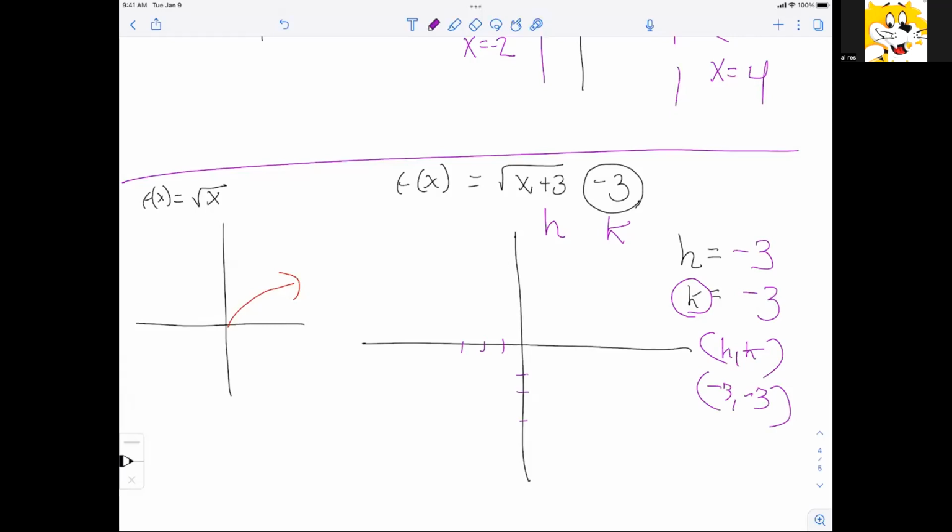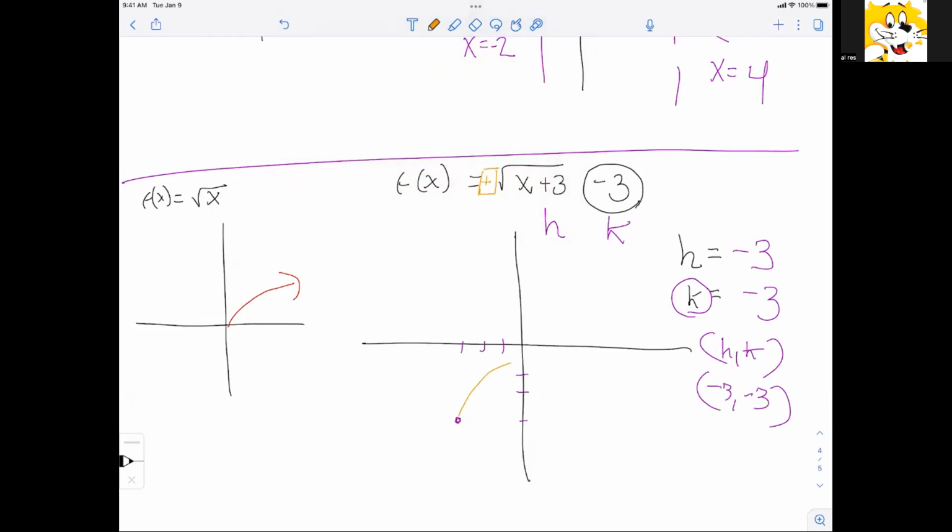I then have to ask myself, is this square root positive or negative? And the answer is, what's outside here? It's positive. Unless it's given a negative, it's always positive.